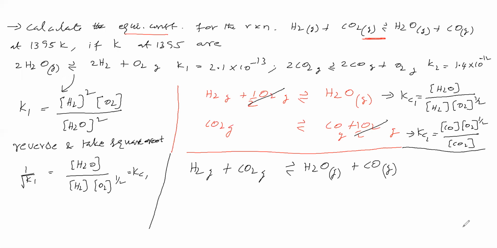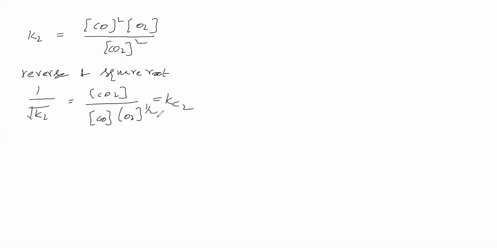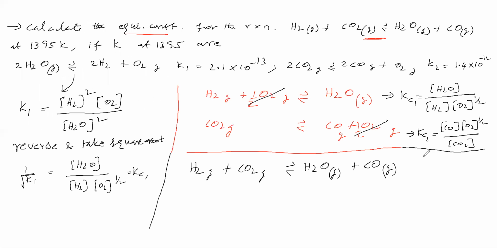Okay, this Kc2 we got. Kc2 is equal to 1 by square root of K2. Now we know Kc1 is equal to 1 by square root of K1, and Kc2 is equal to 1 by square root of K2. We know K1 and K2, therefore we know Kc1 and Kc2.